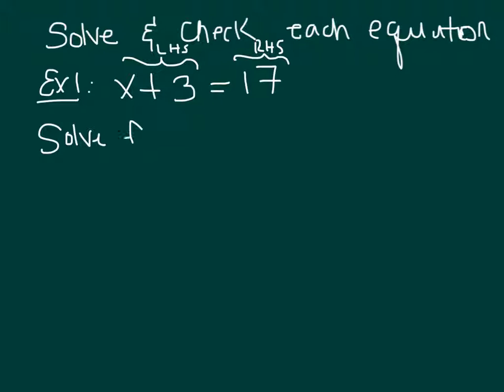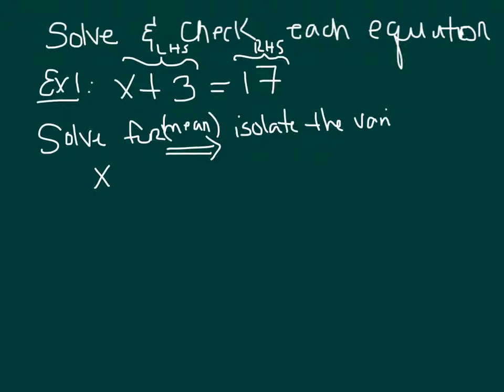Solve for x. What does that mean? It means isolate the variable, whatever variable they give you, in this case x. Isolate the variable on one side of the equation.